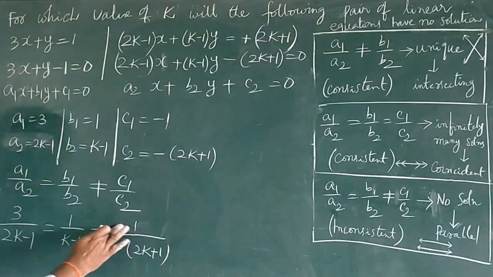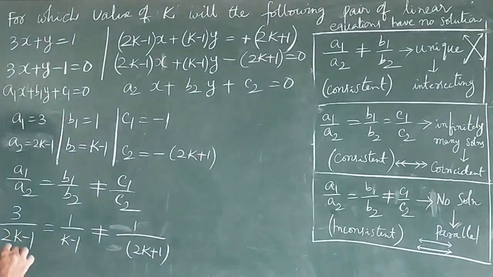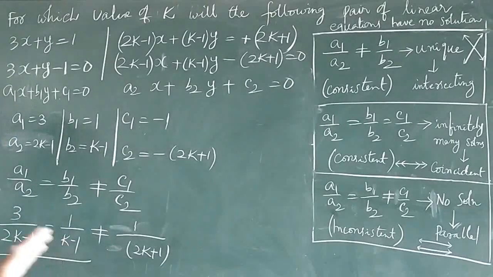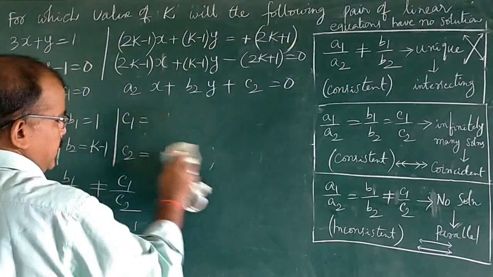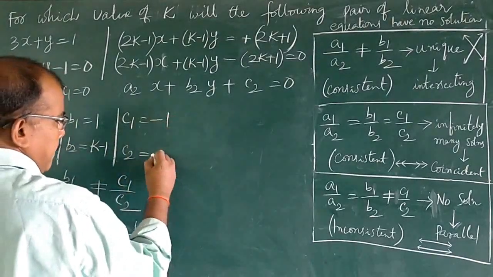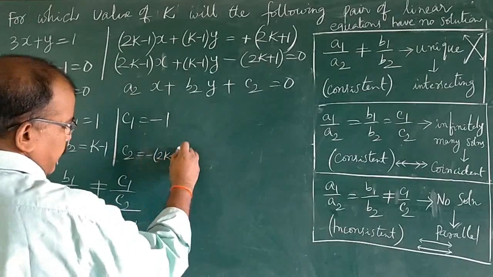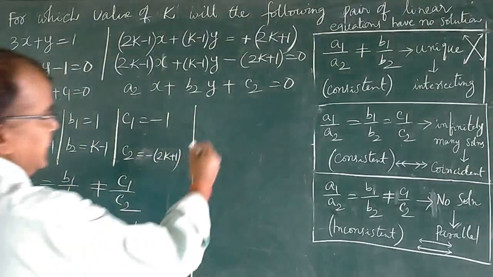Anyhow, minus and minus will be cancelled, no need to write. Now, to find the k value, compare these two, the first and second.